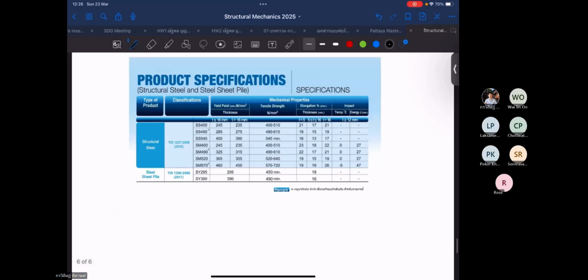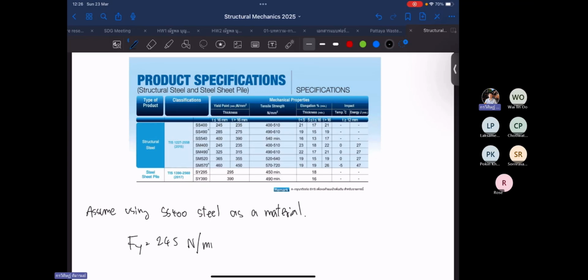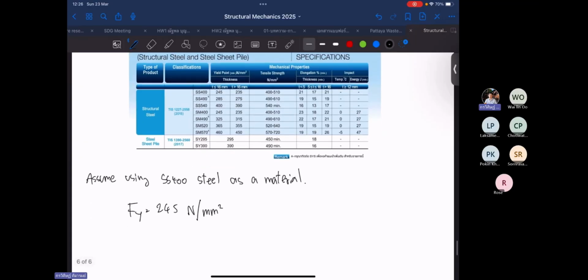Okay, assume using SS400 steel as a material. So the yield strength equals 245 Newton per square millimeter.